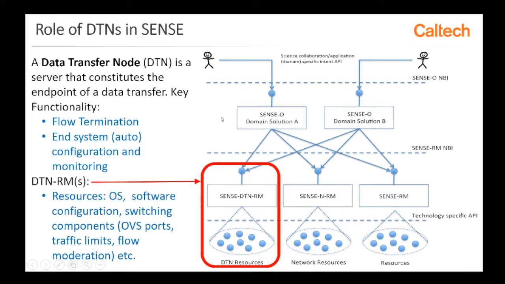So the main role of the data transfer node resource manager is to do the flow termination, communicate with multiple orchestrators at the same time, make sure that fair share is respected, and also report any state changes, what's happening on the specific DTN, or which switches are going down, and what can be allocated.